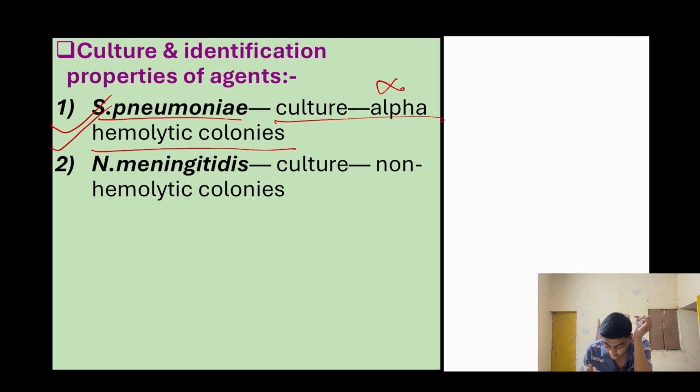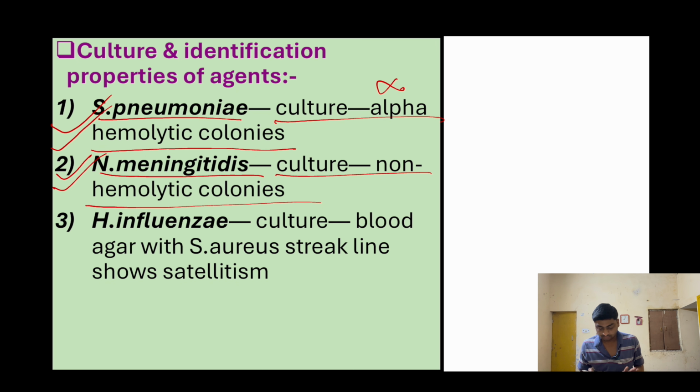Neisseria meningitidis will show non-hemolytic colonies in blood agar. In Haemophilus influenzae infection, culture in blood agar will show growth around the Staphylococcus aureus streak line, which is satellitism.